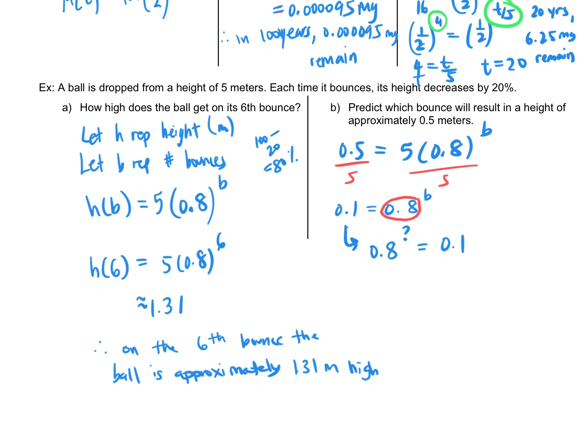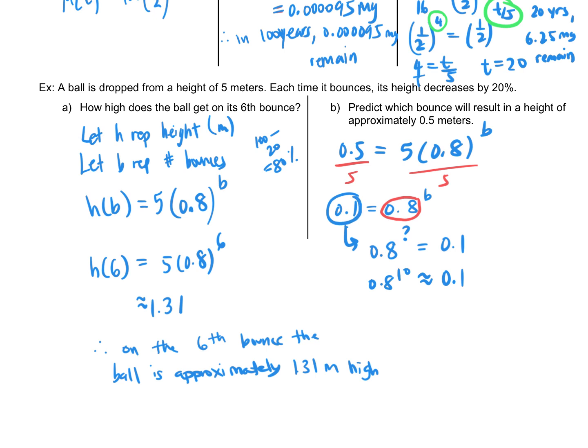I got 0.107. That sounds good. Let me just try 0.8 to the power of 11. And now that gave me 0.085. So I think 0.8 to the power of 10 is best because it gives us approximately 0.107. So it's very close.